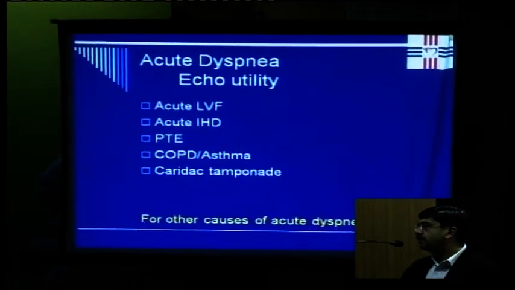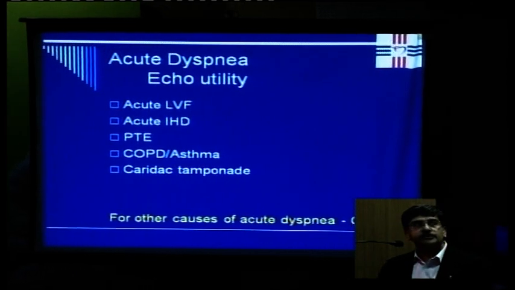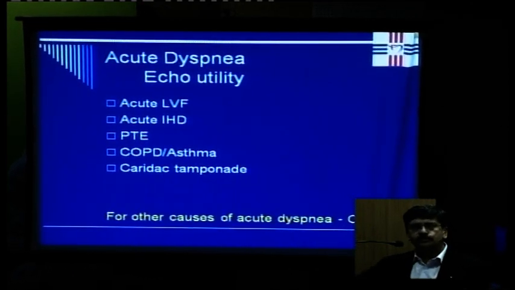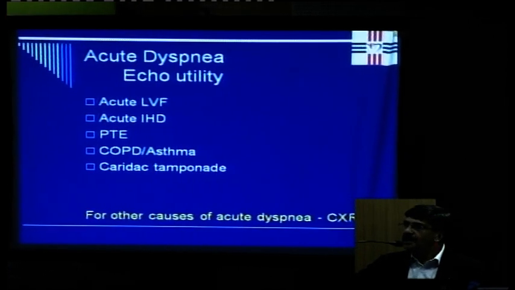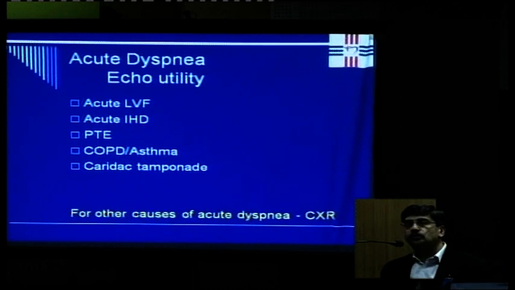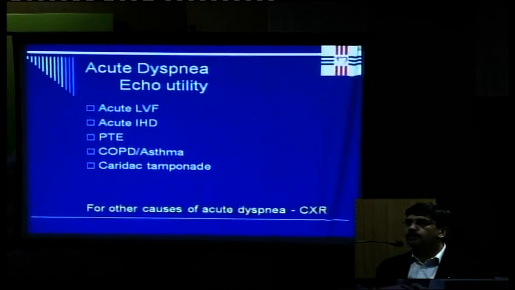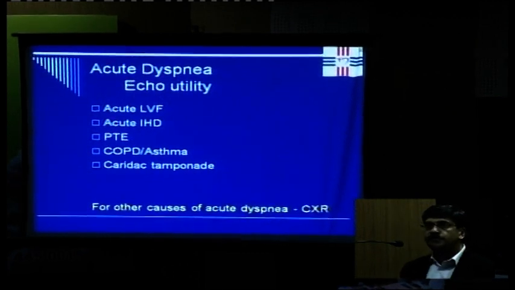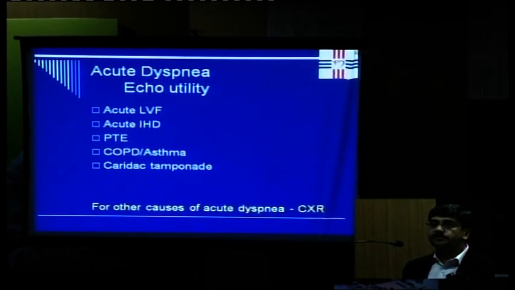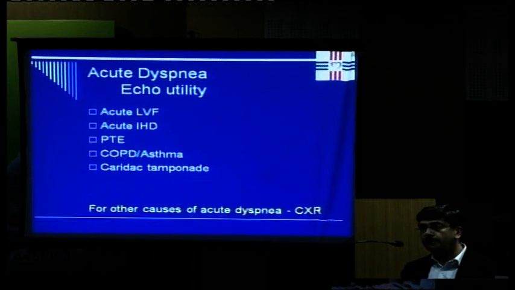Now a patient who comes with acute dyspnea, very useful tools are chest X-ray, ECG, ABG, clinical examination, and ultrasound. You look, as Dr. Bharogar has told, for accumulation of fluid in the lungs, whether the patient has acute ischemic heart, that means acute coronary syndrome, and presence of significant regional wall motion abnormality.